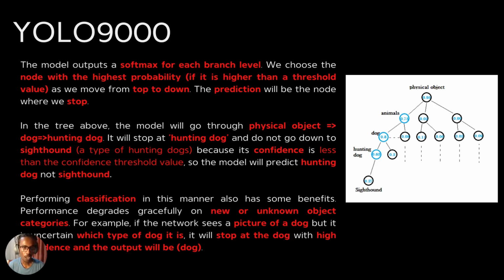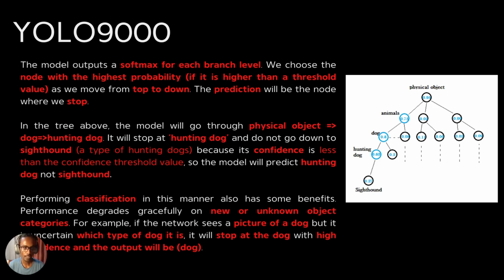It will stop at hunting dog and not go down to, let's say, sighthound, a type of hunting dog, because its confidence is less than the confidence threshold value, and we stop at hunting dog. So the model will predict and output the probability value of this node.